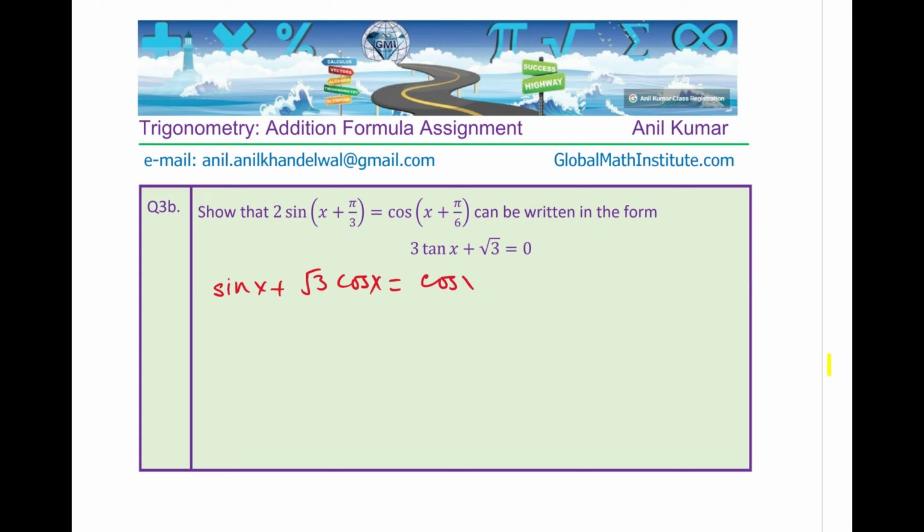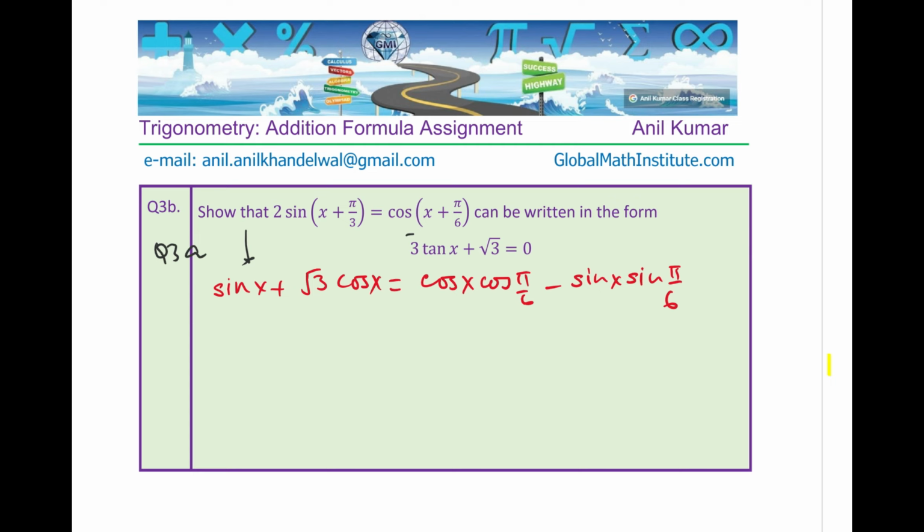So we have cos x cos of pi by 6 minus sine x sine of pi by 6, right? So this part, the first one, we actually got from question 3a, right? And then this part we are now trying to find.